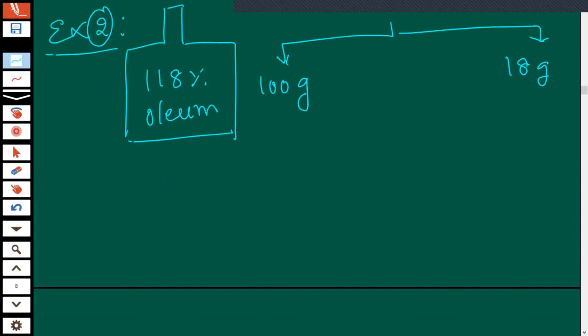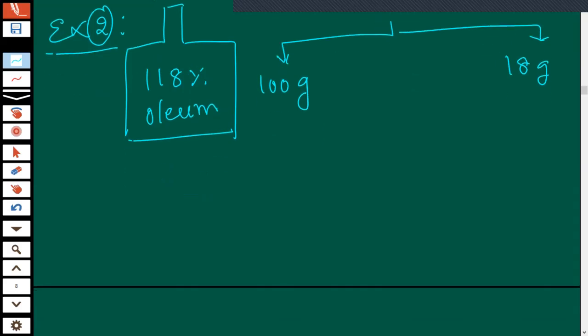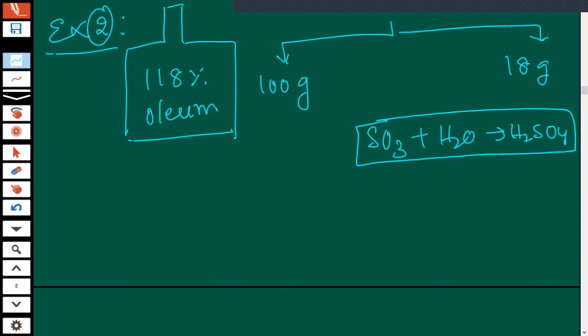Okay, now use this reaction. Already we have used this concept in the mole concept. So 1 mole of water means 18 gram, and it requires 1 mole of SO3, that is 80 gram.